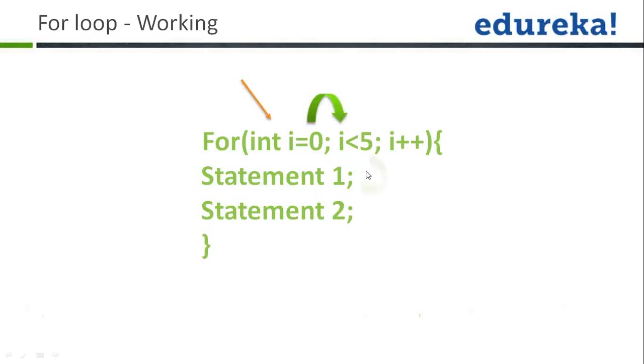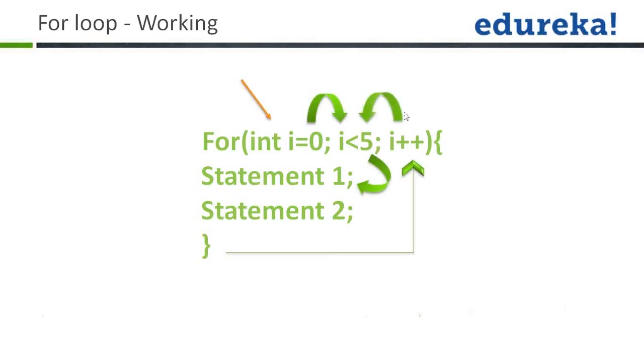If it is true, it will directly come here and execute the statements that are present in the for block. After that, it comes here and increments the value of i. That is, i++ will increment the value of i by 1. Presently it was 0, then here it will become 1. With i = 1, it will again come here and check the condition.